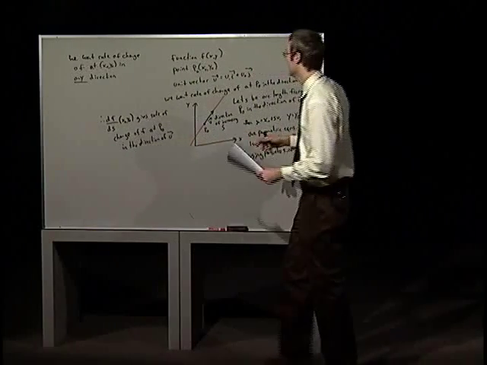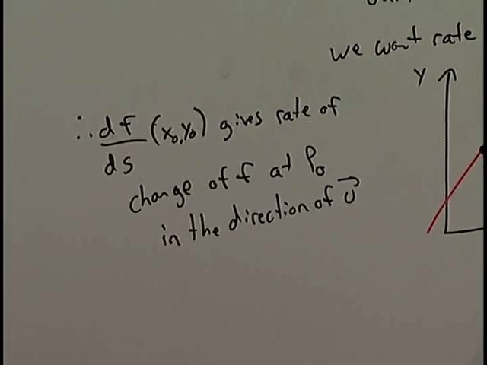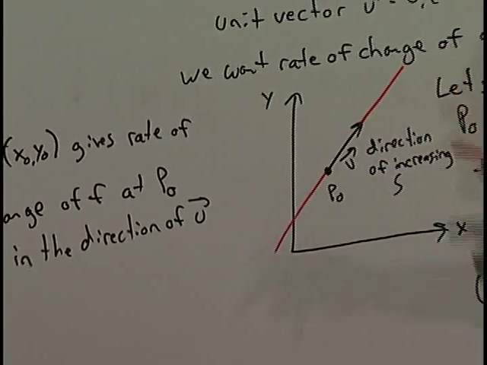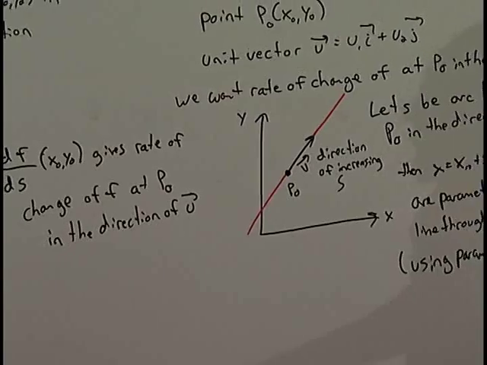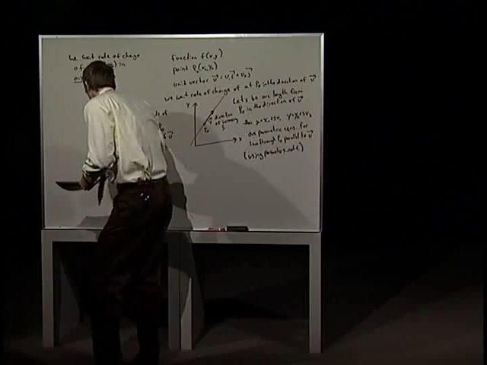We're traveling along this line in the direction of u, and we're taking the derivative of the function f with respect to the arc length that we're traveling along. How far we're traveling gives us a new rate of change for different points. Okay, so what is the notation here?